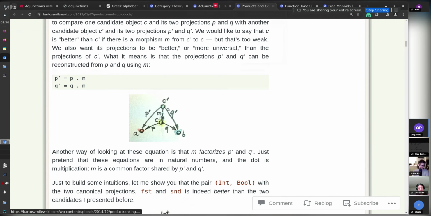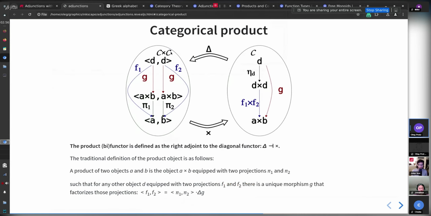This is one diagram, and this is the second diagram. They just happen to have a common pair of objects and a common morphism. That's why he was able to draw them as if it was a single diagram, but it is actually not. And that is why you need the product category.